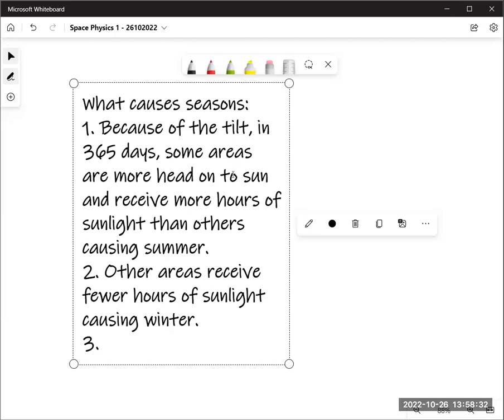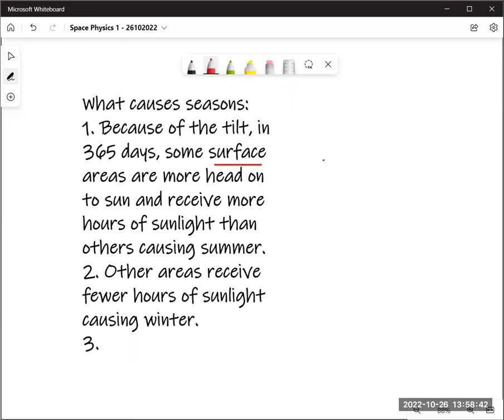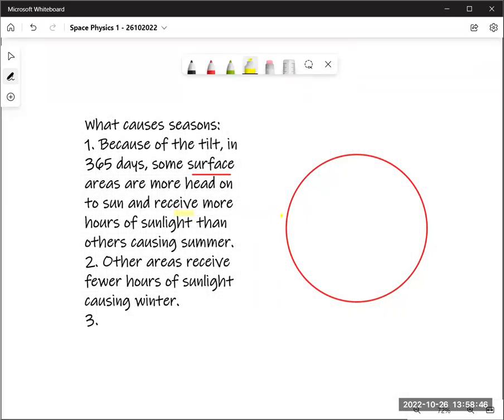All right. Just add one more line. Let's say surface areas. Let's just put that word in there. Surface. Now what that basically means is, look, this is the Earth, and you're receiving sunlight. Now because of the tilt, let's compare these different sides here.